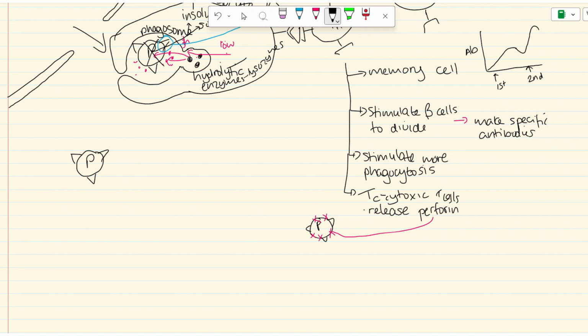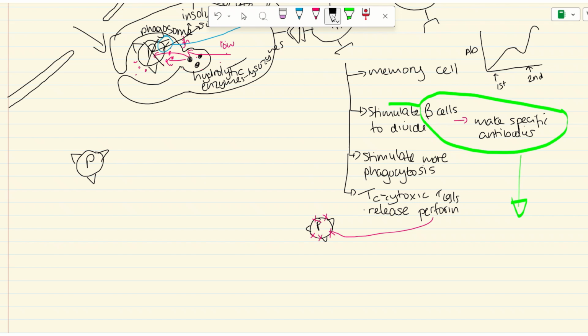All right. So let's go with how these B cells make antibodies. I'm just going to take this bit here, the B cells, and how they make antibodies, and we're going to just put it down here.